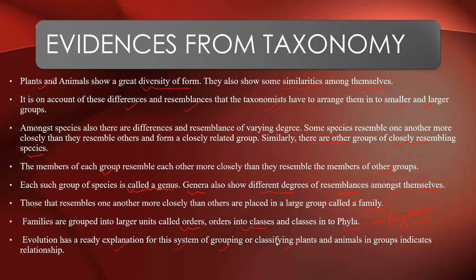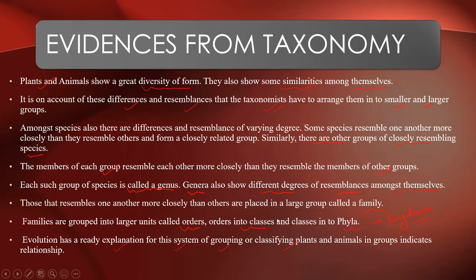If I discover a new species of a plant or an animal and want to put it into a distinct category, first I have to confirm that the morphological, anatomical, physiological, and biochemical features of that newly discovered species resemble, or belong to, which evolutionary timeline. That is why I can categorize them: it will be put into this category, and this category includes all these organisms. So this is what gives a similarity.